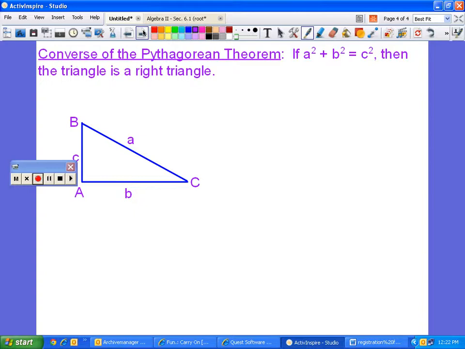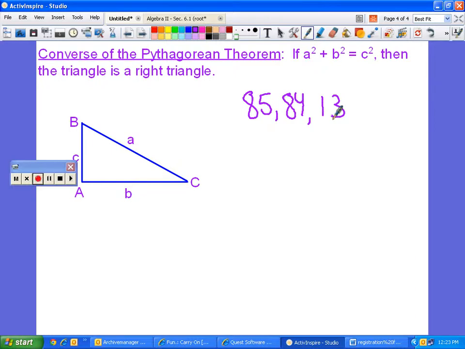Again, the Pythagorean theorem says that if you have a right triangle, then a squared plus b squared equals c squared. The converse starts off by telling you the length of the three sides and then asking you, is that a right triangle? So, for example, it tells you that the triangle has lengths of 85, 84, and 13. And it's going to ask you, is that a right triangle?